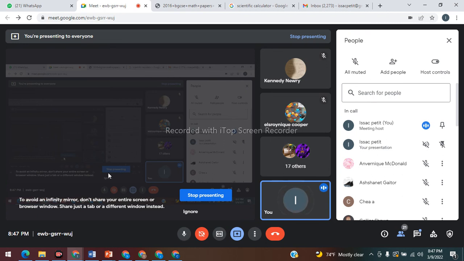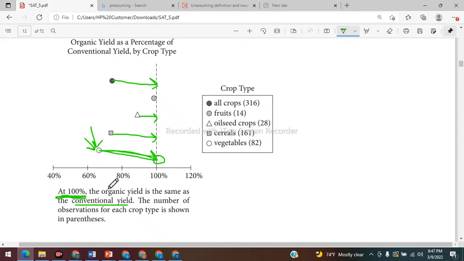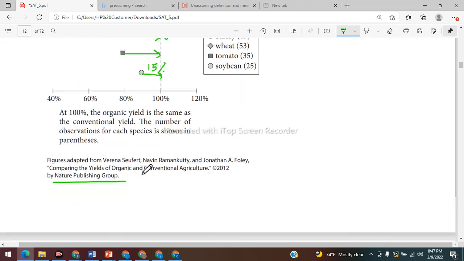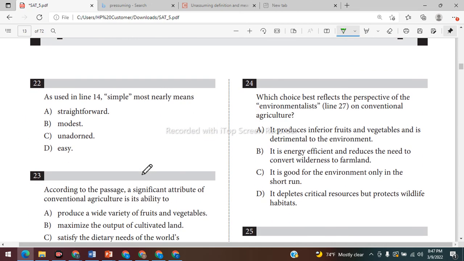Number 22. As used in line 14, simple most nearly means: A, straightforward; B, modest; C, unadorned; or D, easy?